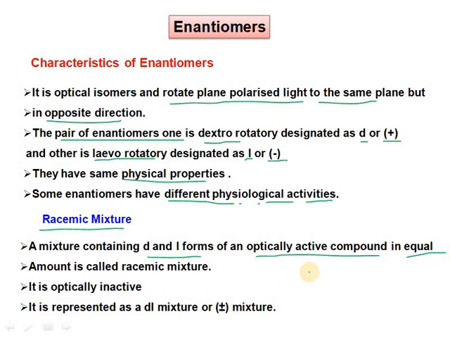It means 50% levorotatory and 50% dextrorotatory. Racemic mixtures are optically inactive. A racemic mixture is represented by DL or the plus-minus sign.